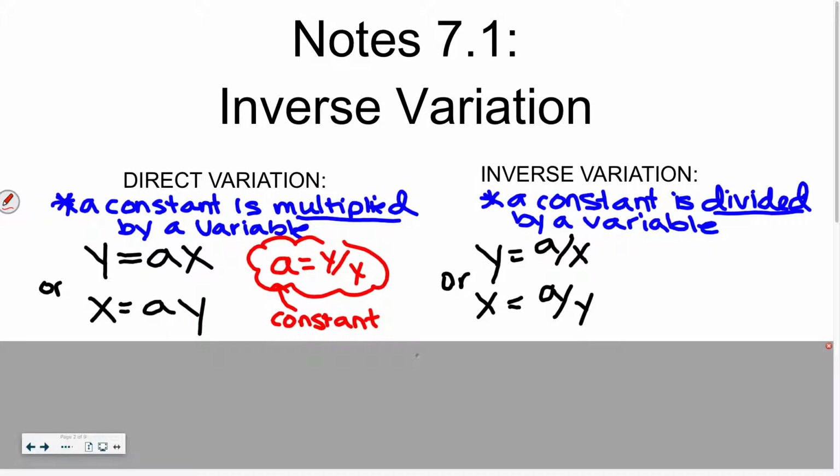Okay, and over here, your constant would be equal to x times y. So if you're looking at whether this varies directly or inversely, and you divide all your x's and y's and they don't equal the same thing, then maybe check if they multiply to be the same thing. Because if x and y keep multiplying to be the same thing, then originally they varied inversely.